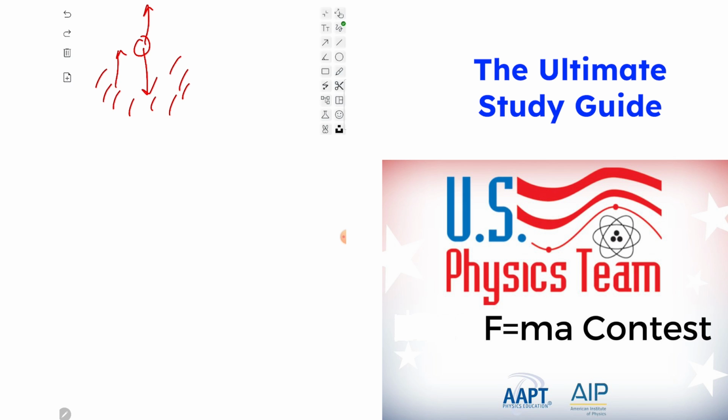Another case is a spring with an object at the end.